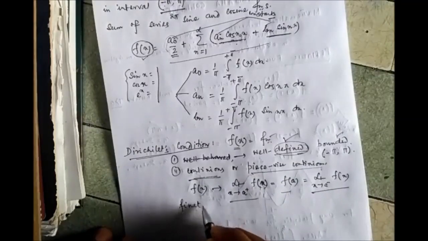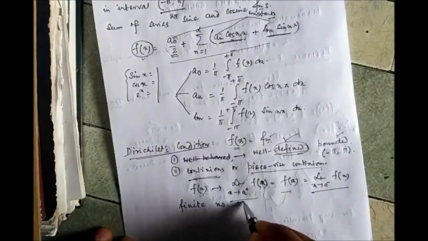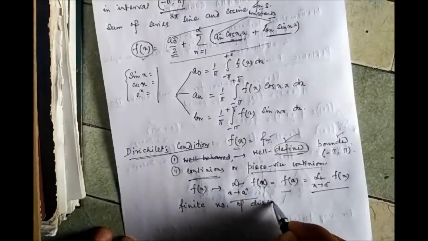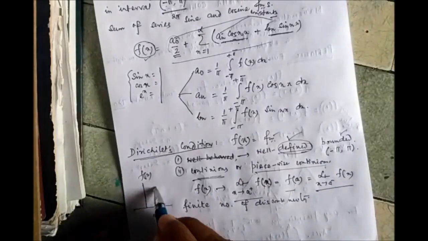And piecewise continuous means there exists a finite number of discontinuities. So let us consider a function of this form. At x equal to some point a, this is the form of the function.